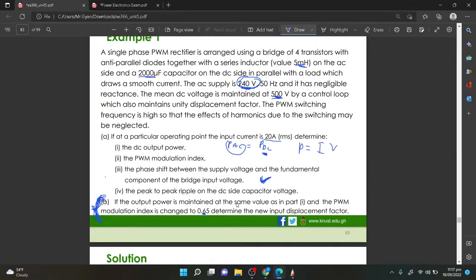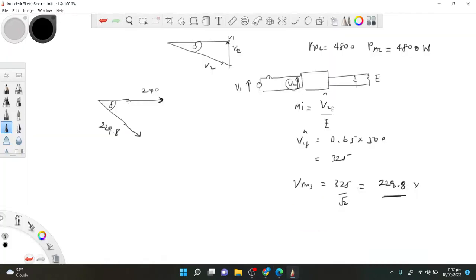Initially we said there's unity displacement factor, meaning the current was in phase with this voltage, but now when we change the modulation index, the current won't be in phase, so the current will be here. So the idea is that we want to find this displacement factor alpha.